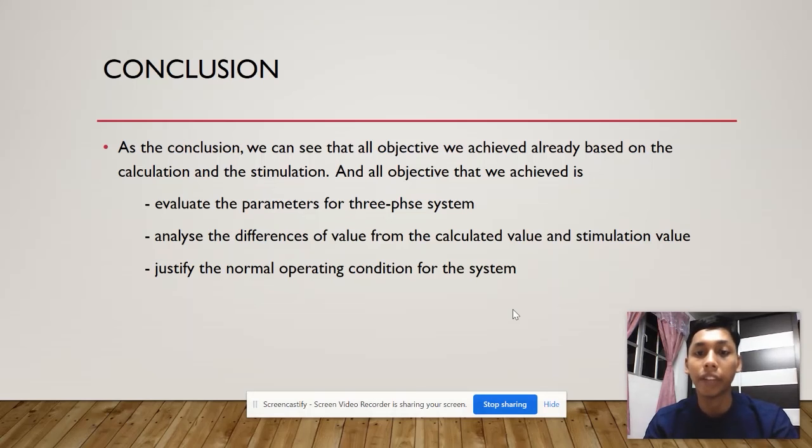We evaluated the parameters for the three-phase system, and we also analyzed the differences between the calculated values and the simulation values from PSIM software. We also justified the normal operating condition for the system. So all of the objectives are achieved, and we can see that this project report is complete.